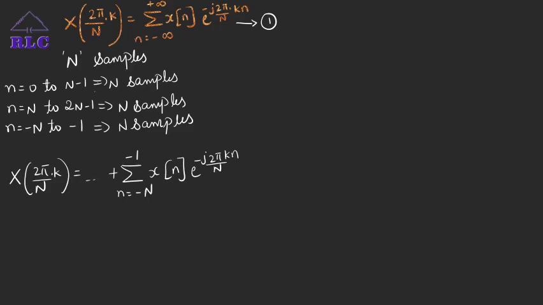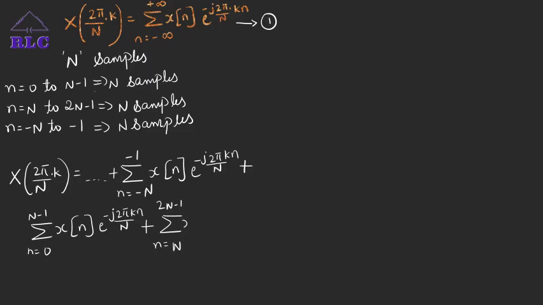On the left-hand side there will be so many summations, because from minus infinity to plus infinity, plus summation n is equal to 0 to N minus 1 x of n into e power minus j 2 pi k n by N, plus summation n is equal to capital N to 2N minus 1 x of n into e power minus j 2 pi k n by N, plus so on.